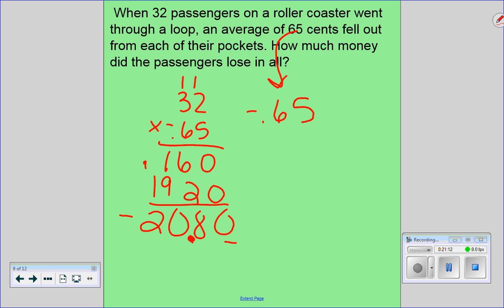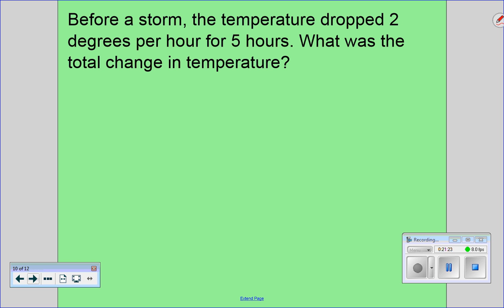Okay? Okay, so here's another one. Does anybody still want this yet? If you want an example, this next example is very short. So if you want an example in your notebook, this is a good one. Before a storm, the temperature dropped 2 degrees per hour for 5 hours.